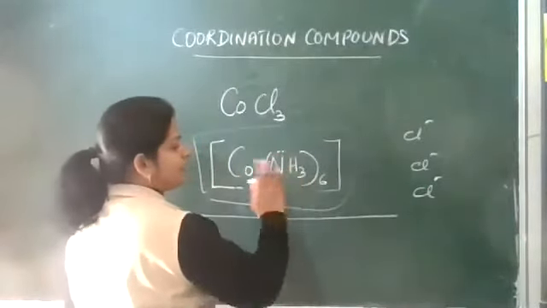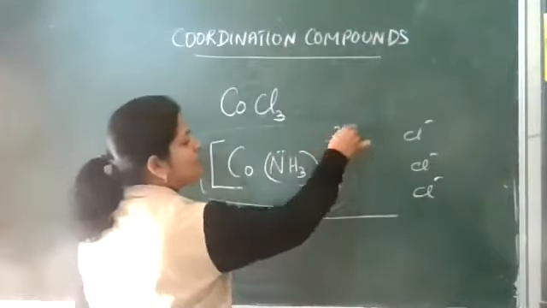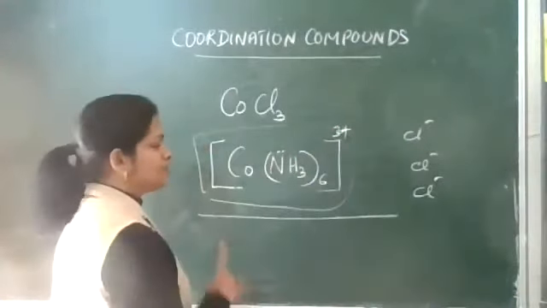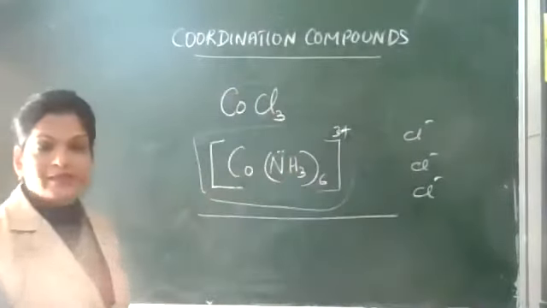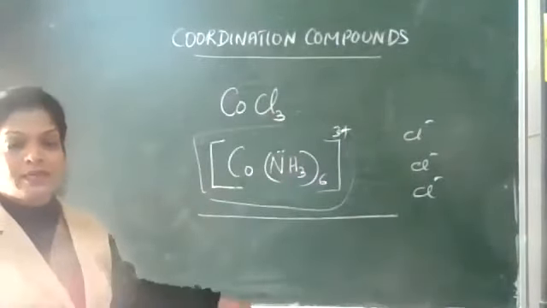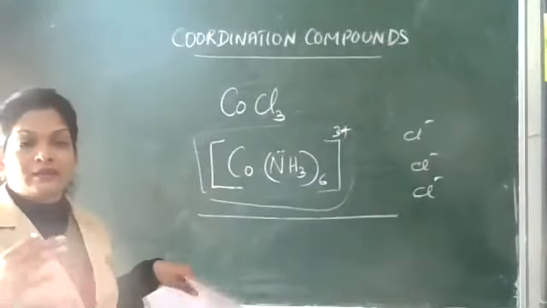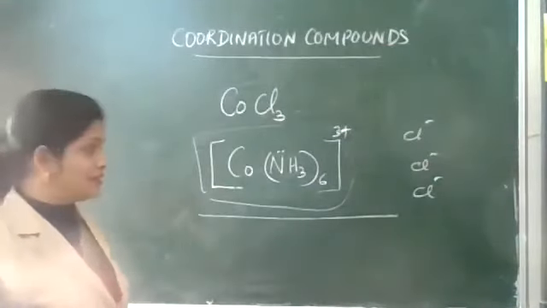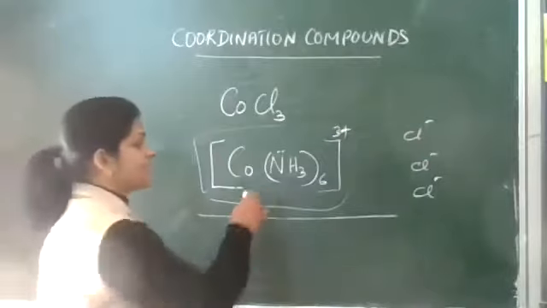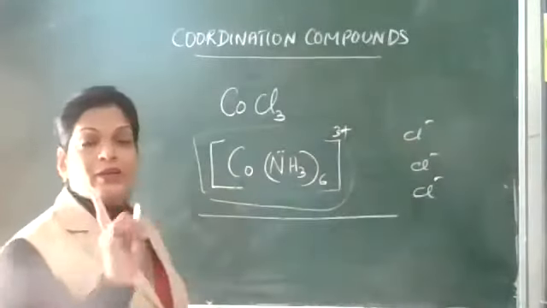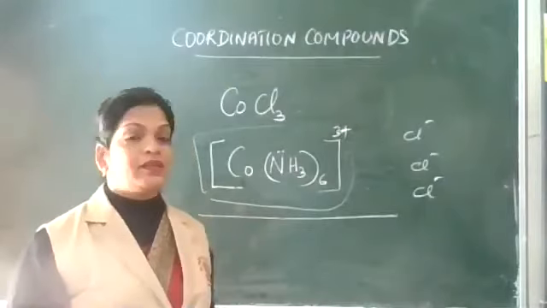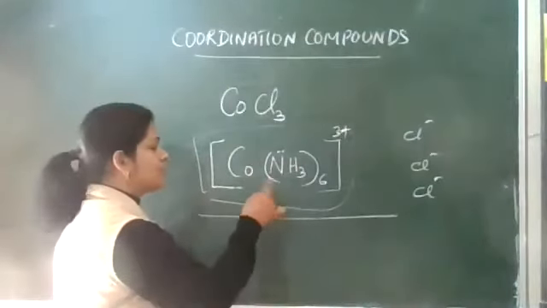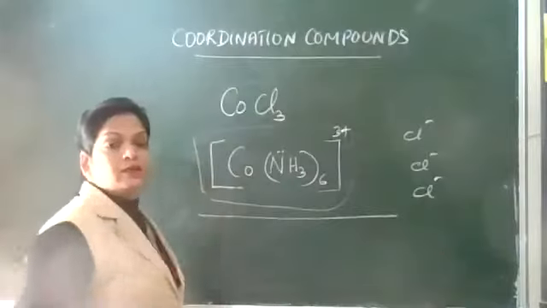This will remain intact like this only. Means we say primary valencies are ionizable, dissociated, by putting in water. But secondary valencies are non-ionizable, means by putting in water, this ammonia will not get detached from this cobalt.